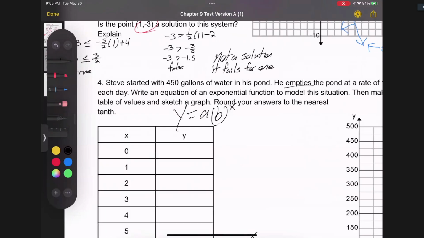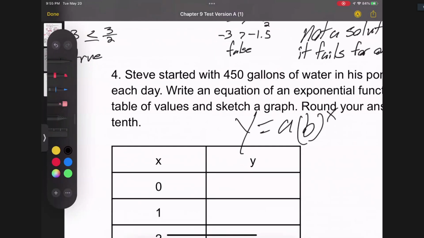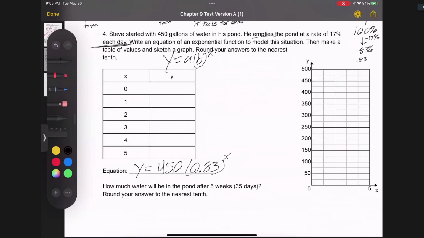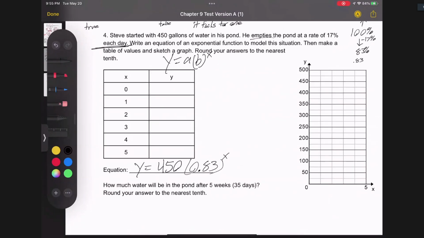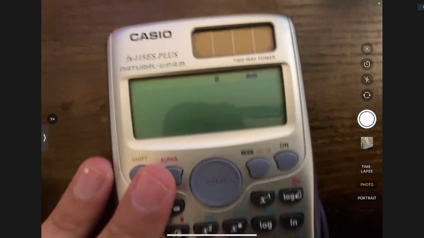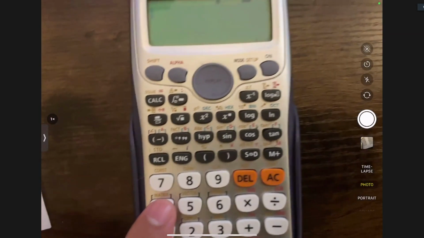And you're talking about losing 17% each day. So these are all day values, and I need to plug them in one at a time. So how do I do that? Again, I'm going to use my calculator, not sponsored, by the way, even though they should sponsor me.